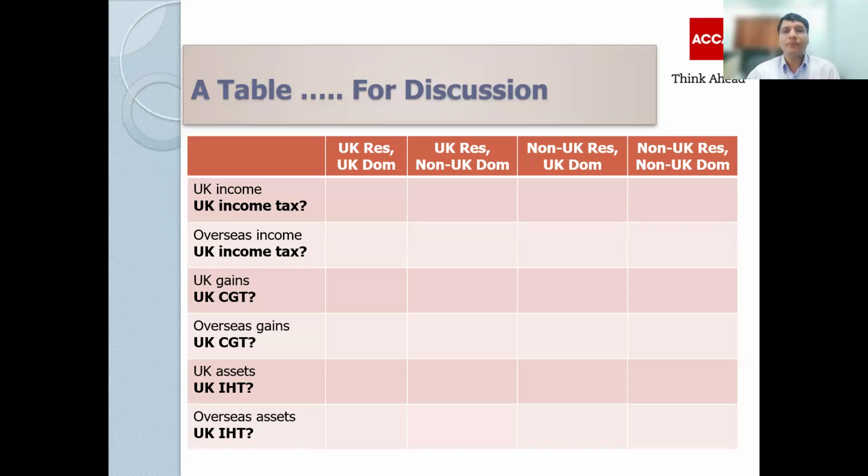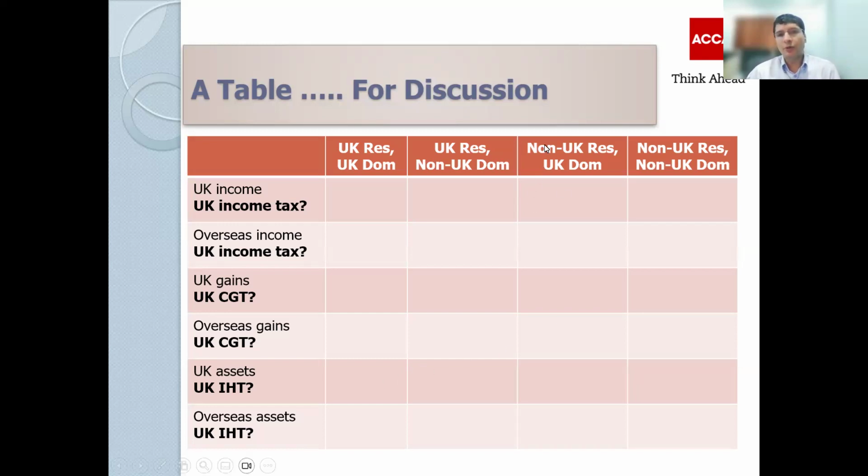That's the first. Second, if there is a double tax treaty between the UK and that particular country, the double tax treaty will actually guide you whether that gain and that tax is going to be relievable in the UK as well, depending on the circumstances, depending on the assets, and depending on the clauses in the double tax treaty between the UK and that other country.